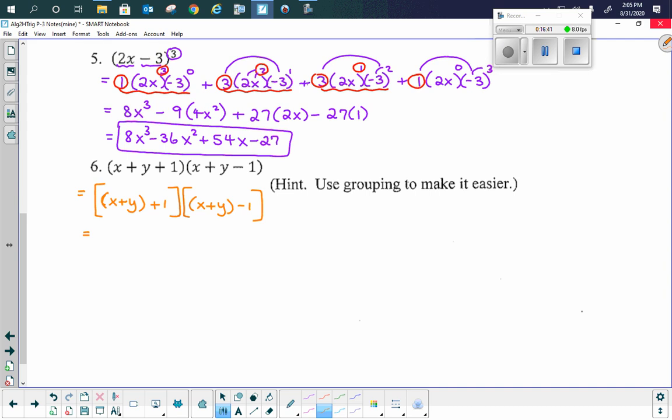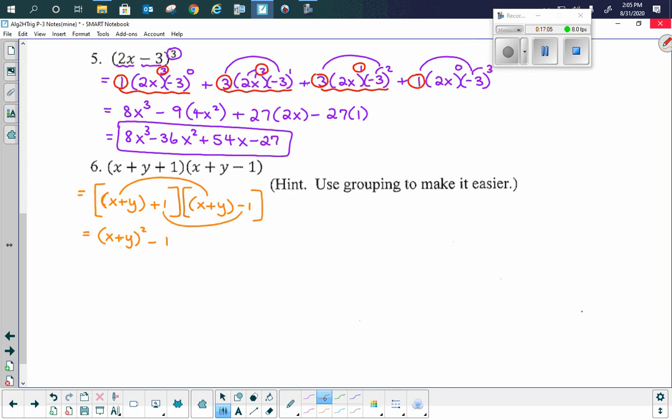You've got x plus y in the front of each of them. You've got 1 in the back of each of them, just 1's plus and 1's minus. Then hopefully you would realize that you're going to get, just like above, x plus y quantity squared, which is what you would get from multiplying these two. And then minus 1, which is what you would get from multiplying these two.